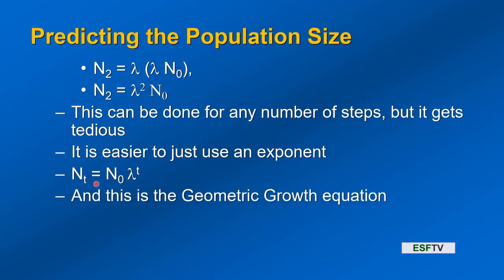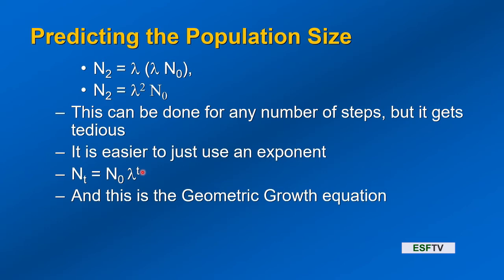And so let's see, I thought I gave you an example, but no. So if it was in 10 years, it would be n sub t equals n sub 0 times lambda raised to the 10th power, or raised to the 3rd if you only want 3 years, or 100, or 1,000. You get the point.